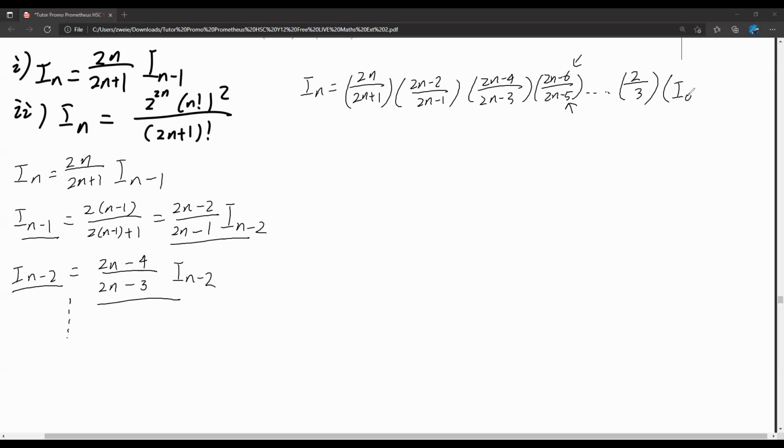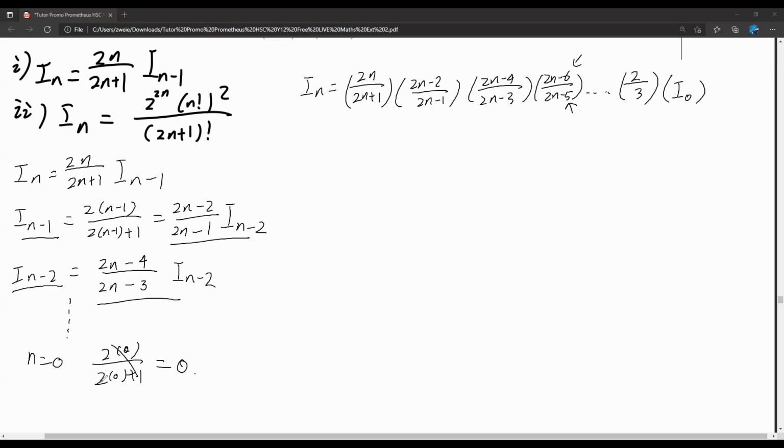Okay, and then lastly, we have our I0 still. Because if you sub in n equals to 0, you get 2 times 0 over 2 times 0 plus 1, but you have 0 on the top, so you just get 0.